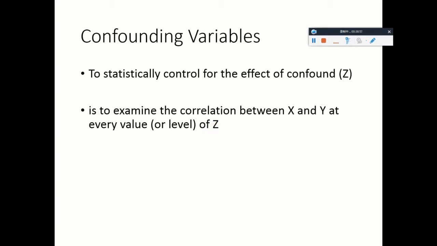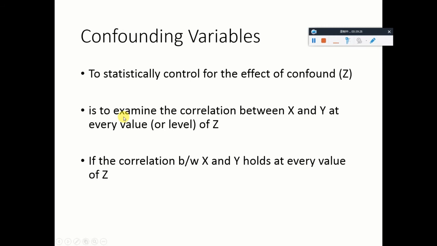I hope this makes sense because z is a variable, right? It's a confounding variable, and we said in the previous lecture that the definition of a variable is it can take different values. Sometimes we'll call those values levels, right? So that's why this phrase, every value of z, should make sense, right?